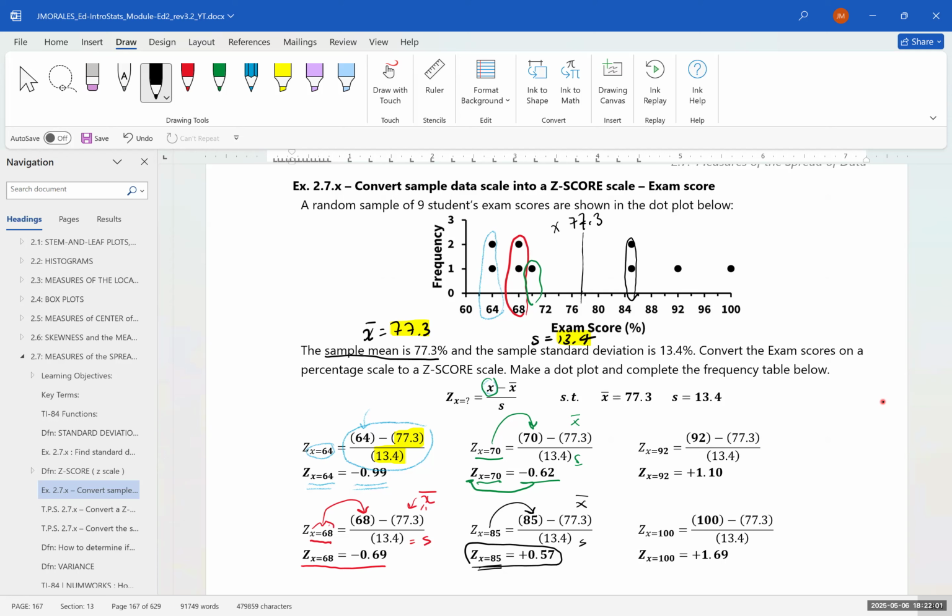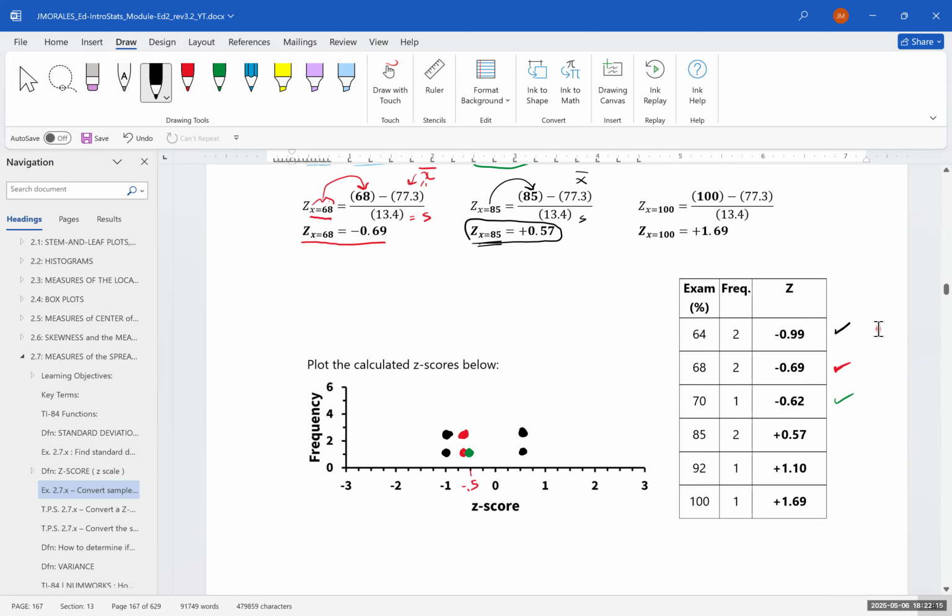And so where the center is, where the mean is on this exam score percent scale is where 0 is going to be on our z-scale.